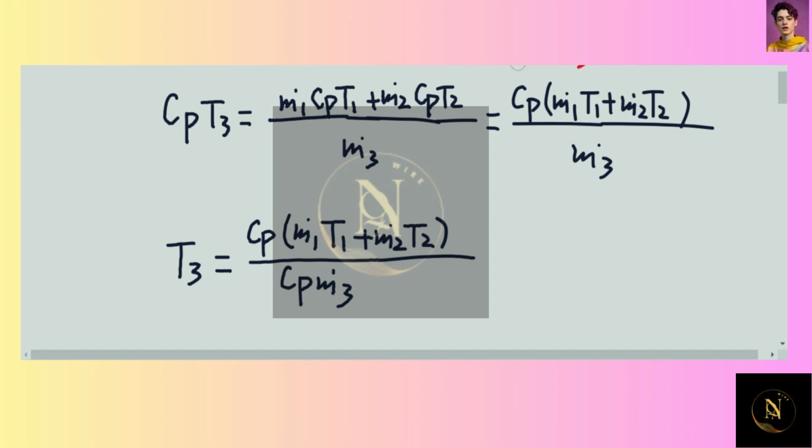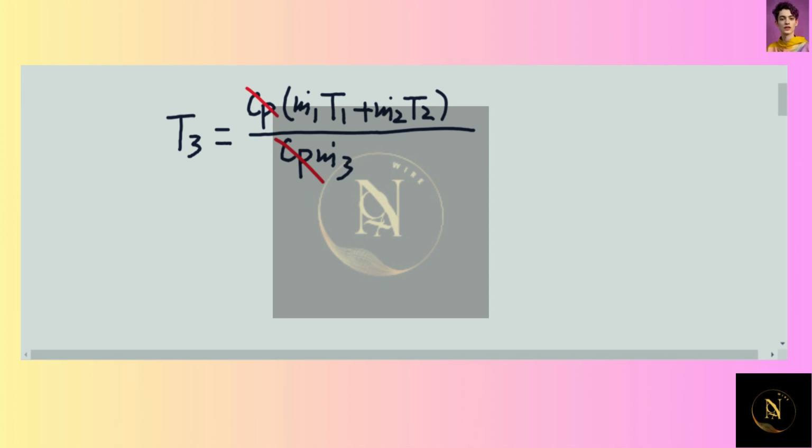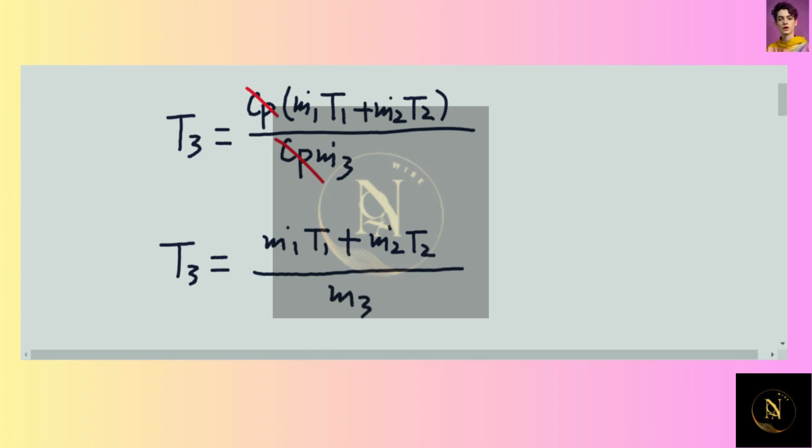And then as you can tell, Cp here can be cancelled out, and this will give us T3 is equal to M1 dot T1 plus M2 dot T2 over M3 dot.